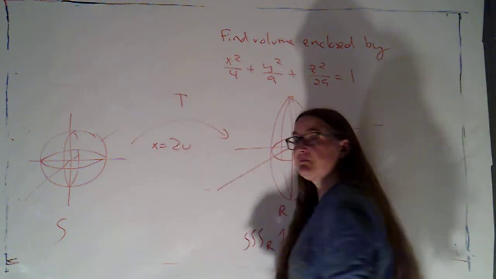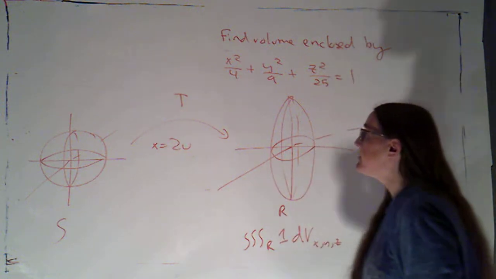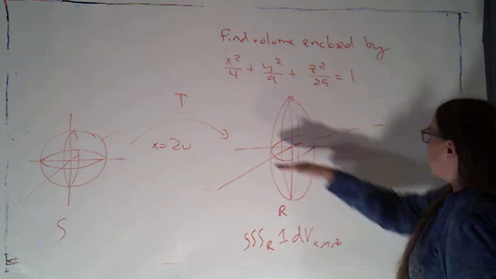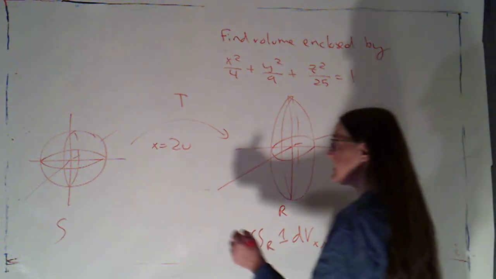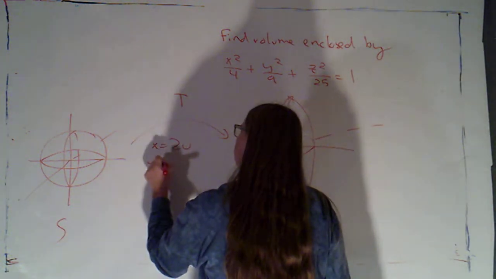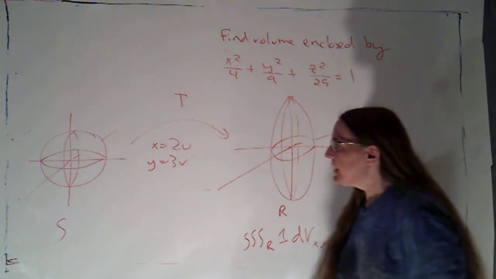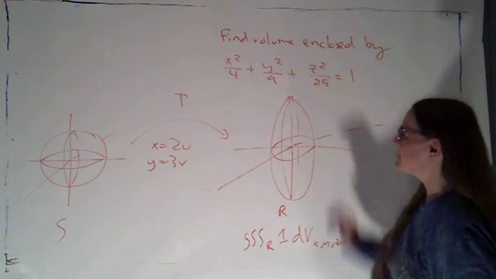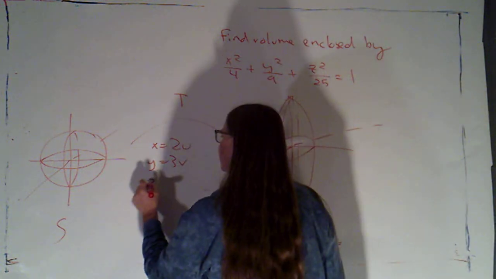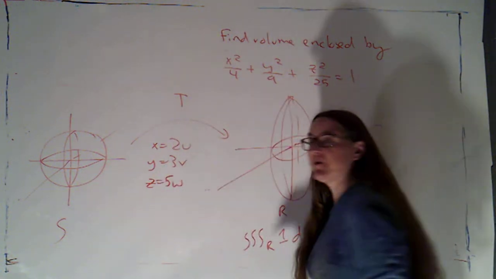So let's let x be 2u. The v-axis corresponds to the y-axis, which got stretched by a factor of 3. So y is going to be 3v. And the w-axis corresponds to the z-axis, which got stretched by a factor of 5. So z is going to be 5w.